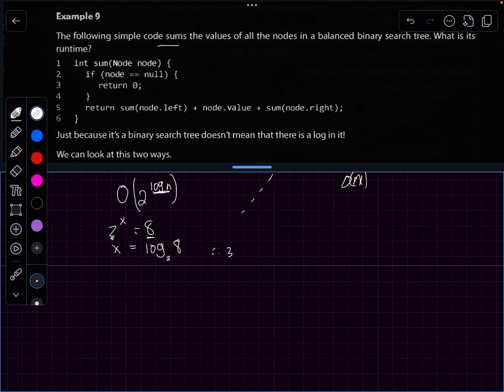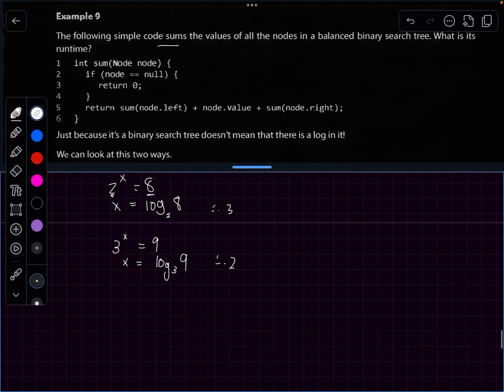Same thing, you have 3 raised to the x is equal to 9. We want to know what that x is, so we need to use logs. So we make x the subject, x is equal to log base 3 of 9. And how do we read this log? It says 3 raised to something, which is x, gives me 9. And if you use your calculator, you'll get the answer, and the answer is 2.